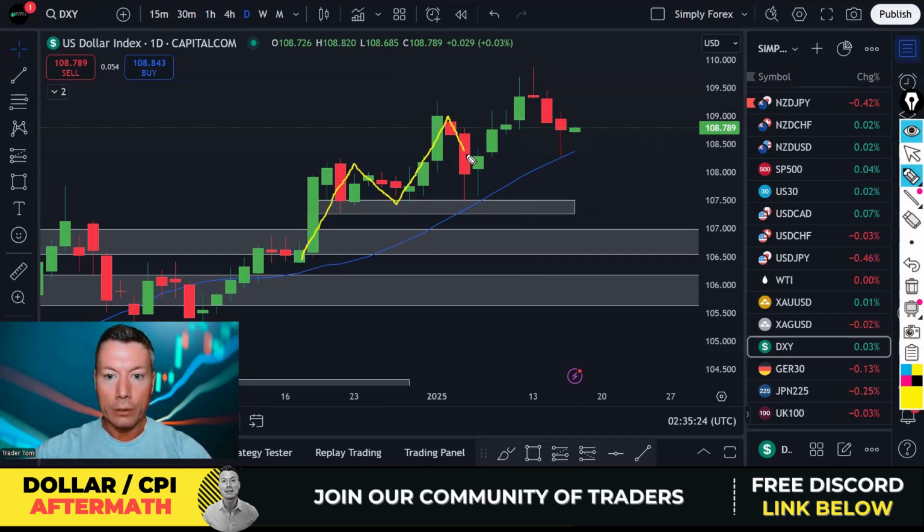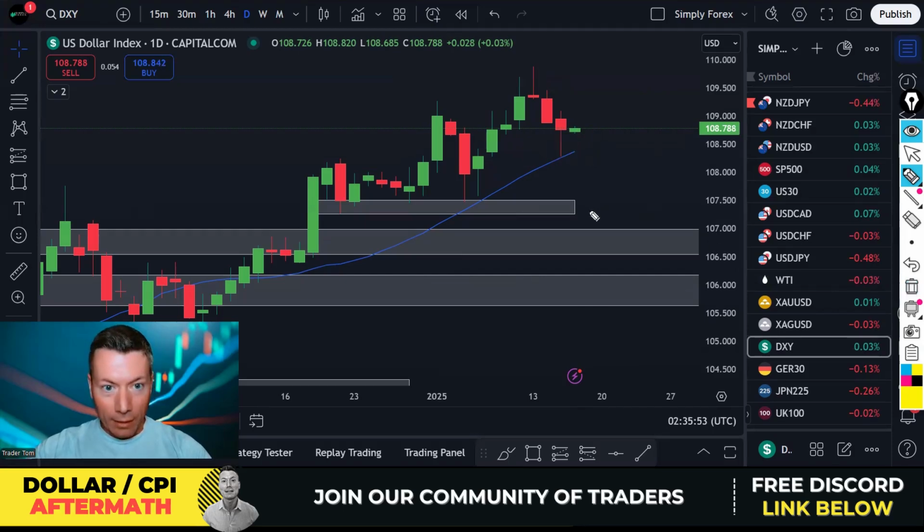And now if we look at the dollar index, you can see we're still in this uptrend. We've got higher lows, higher highs, still firmly in an uptrend. And you can see this wick here, which basically meant sellers pushed the dollar down because of those CPI figures, and then buyers quickly bought it back up.